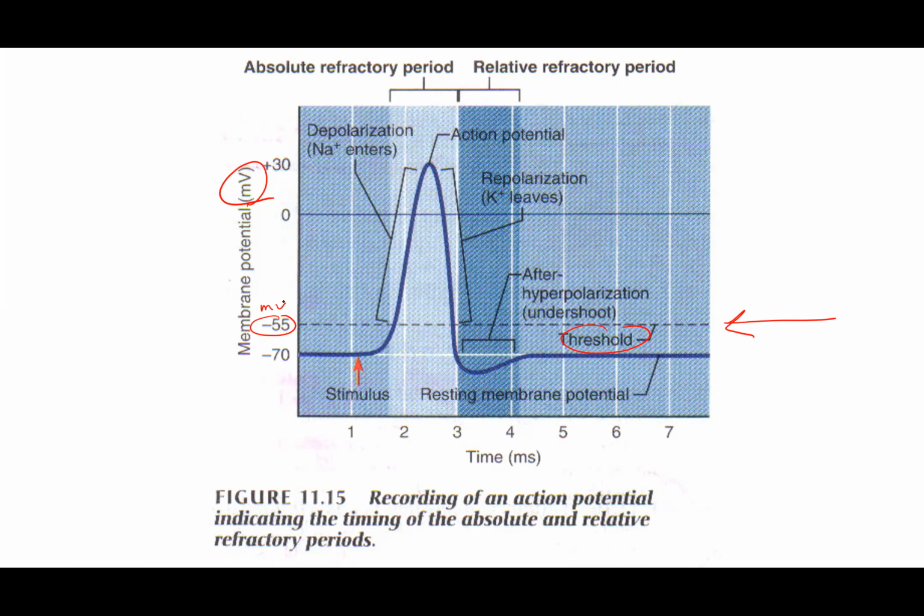Okay, so in other words, you need at least negative 55 millivolts of electricity in order for the muscle to respond and start to contract. Okay, so at rest, you're at negative 70 millivolts.